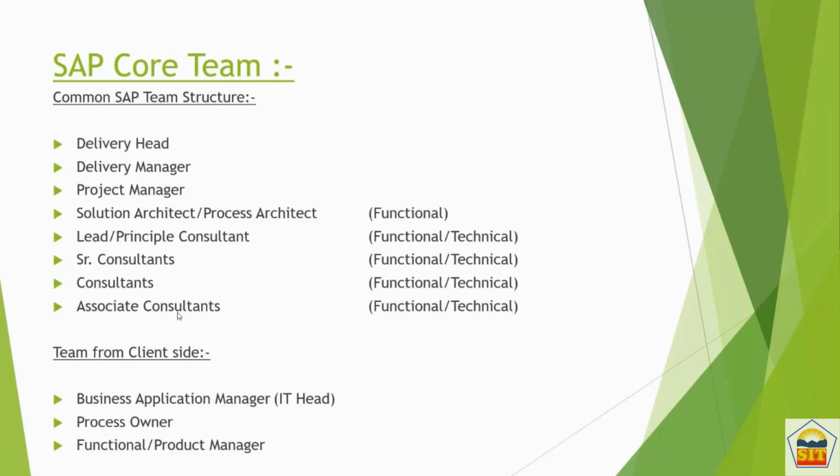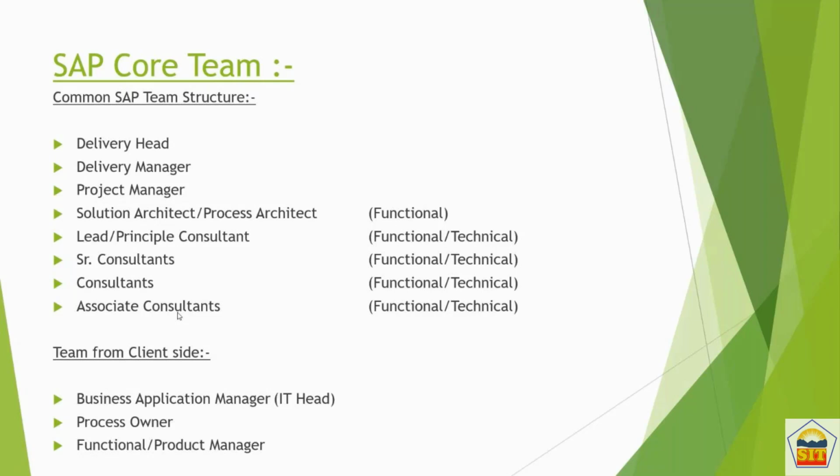And you can have your finance solution architect, and the solution architect for SD. So these are the functional areas, and for that we have the functional consultant who can play the role of solution architect. Then we also have other roles, like the lead consultant, senior consultant, junior consultant, associate consultant.